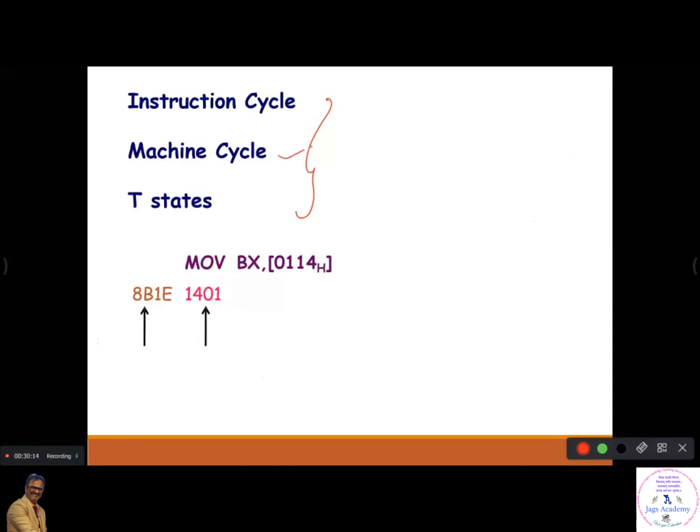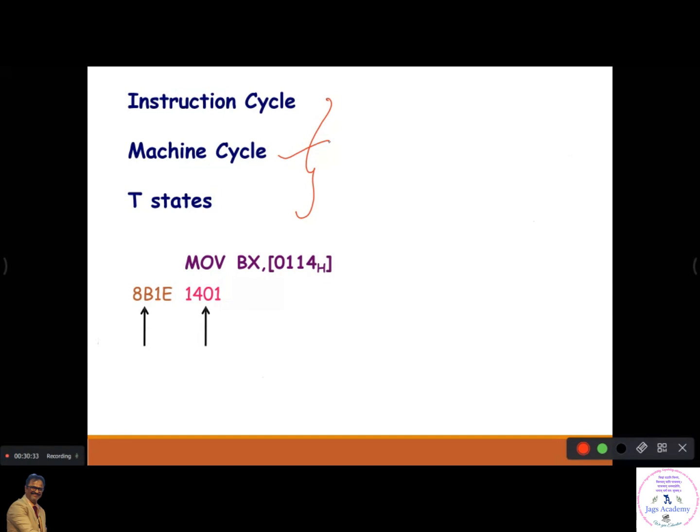What is a machine cycle? Suppose you have instruction fetch, data write, data read. All these are called machine cycles.